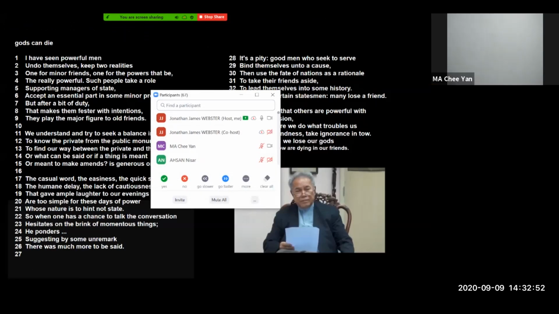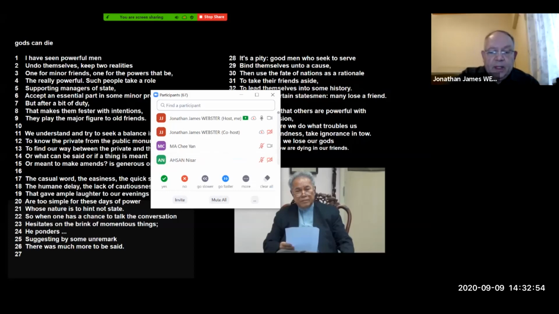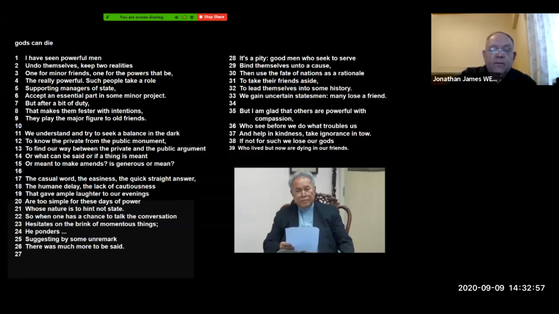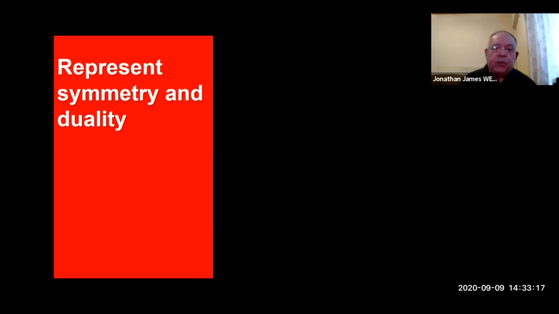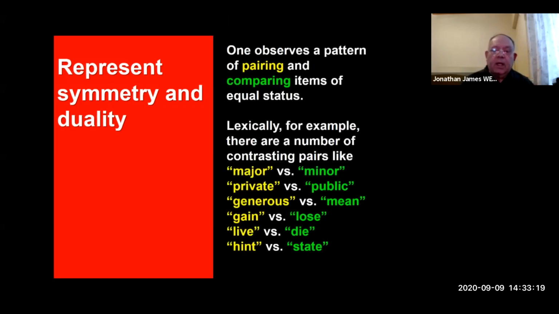Okay, all right, so come back to the poem. Gods can die. What's the poem about? You'll notice that in the poem there's quite a lot of symmetry. There's quite a lot of duality. What do I mean by that? You see an obvious pattern that emerges of pairing, comparing items.